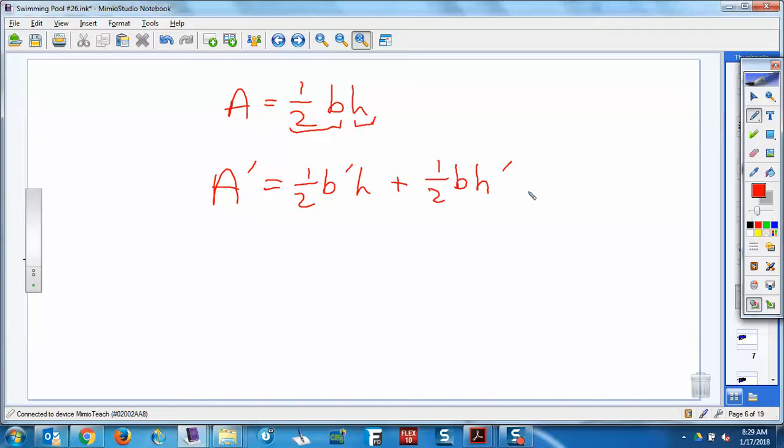And they told you that the base was, so b prime was 2, and for the h prime, now what that says is, the height is decreasing in such a way that the length of the hypotenuse remains 10. So that's like the ladder problem. So the hypotenuse was going to stay 10. Because you had this.